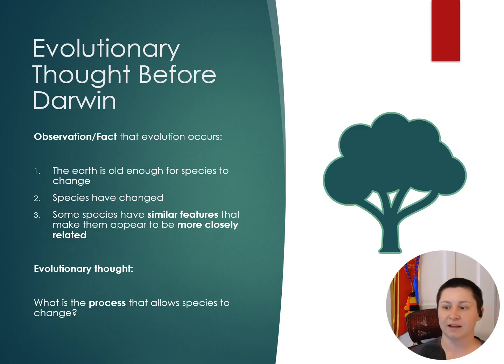Darwin didn't invent evolution, and he was not the first person to think about evolution. But he did make a huge contribution to evolutionary thought. He came up with the process, the rationale that explains how species change. A lot of people had ideas about how it occurred, but none of them really represented reality until Charles Darwin came around.